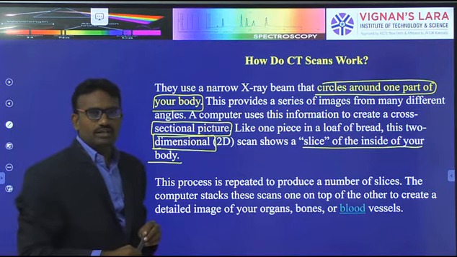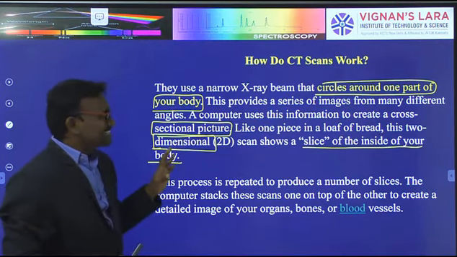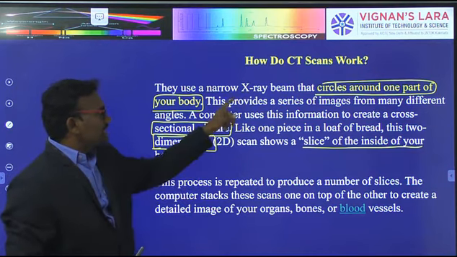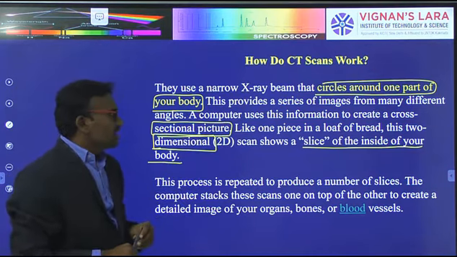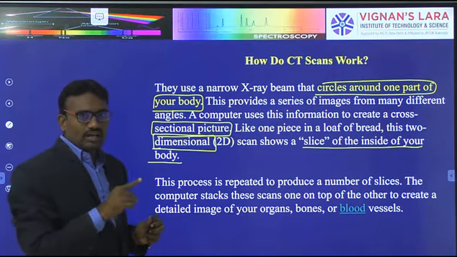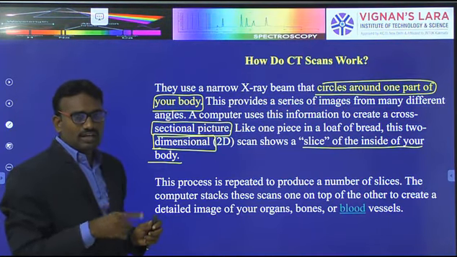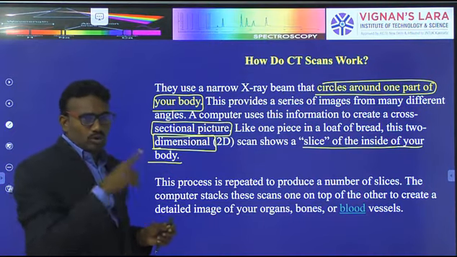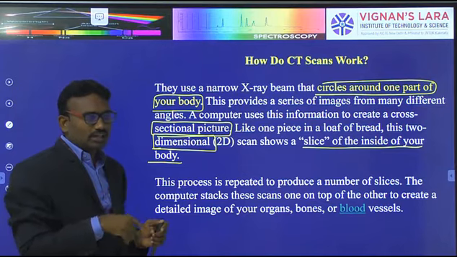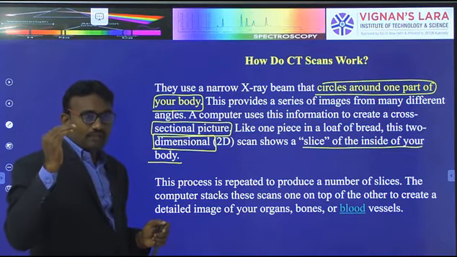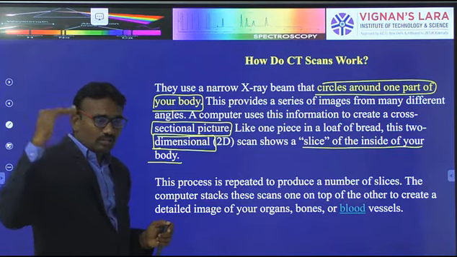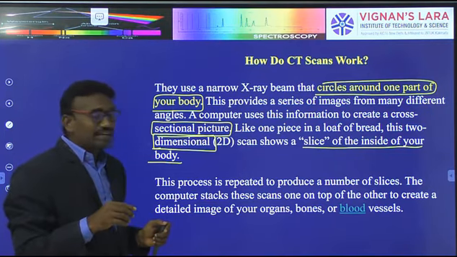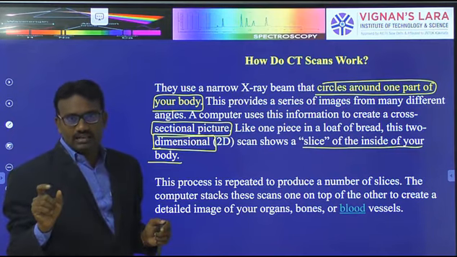So the CT scan working process is based on X-ray radiation. The CT scanner is rotated around our body, and the part being examined is detected as it rotates. During the rotation, the X-ray radiation passes through the body part to create images from different angles.